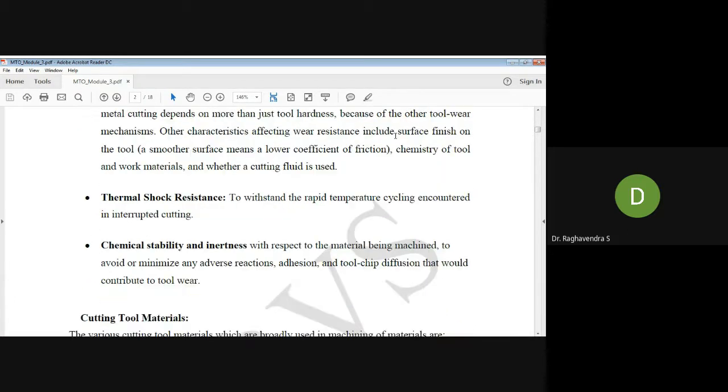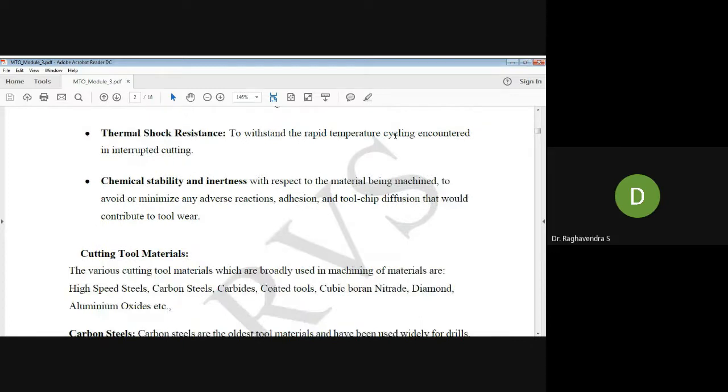Chemical stability means that whenever we are cutting the material, we use some chemical coolants. The tool should not get chemically affected by these chemicals. There should not be any acidic reaction; it should not react.